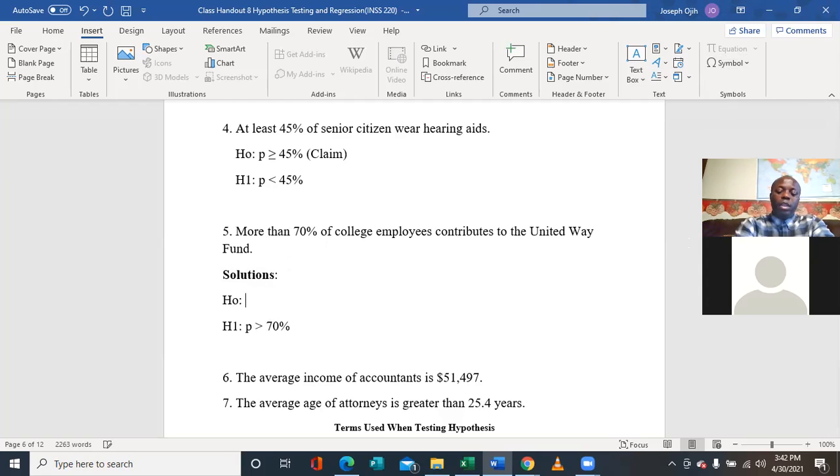So you're going to use less than or equal to. Less than or equal to 70%. In this case, they say more than 70% of college employees contribute, which is more than right here. So that's the claim, in this place.